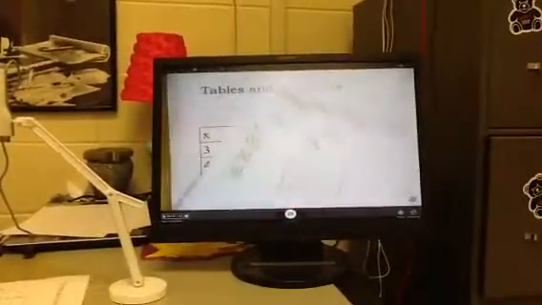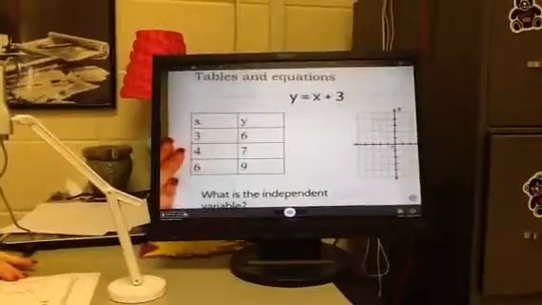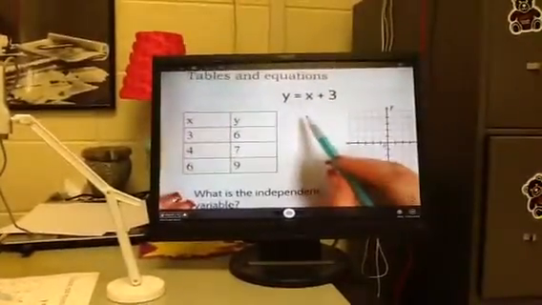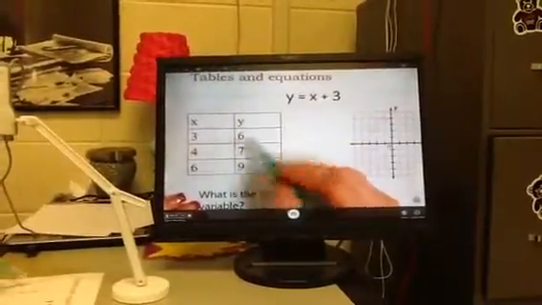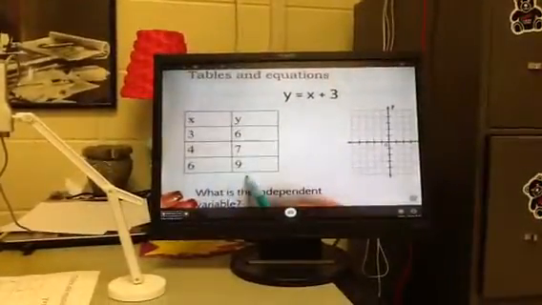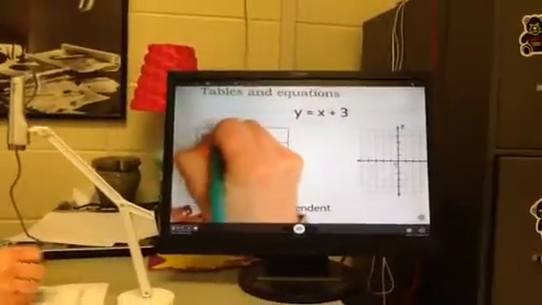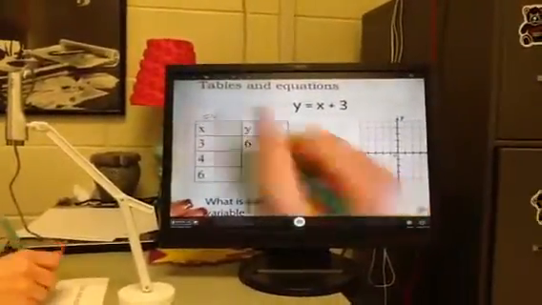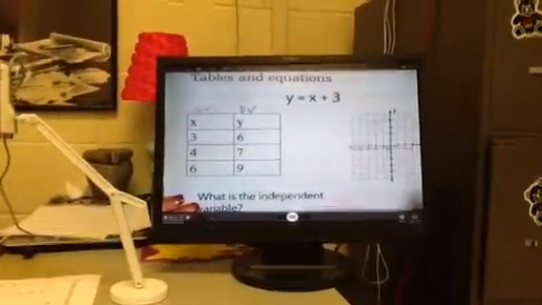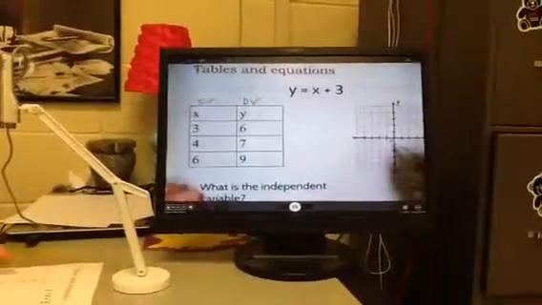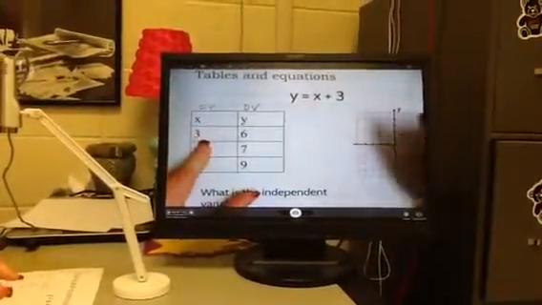Let's look at the next example. So I am given the equation y equals x plus 3. So I know that this column here is going to be the x plus the 3 to get me the y. So the x is always going to be my independent variable, and my y will always be my dependent variable. So to graph this, I just go start, and I'm going to have these as 2.